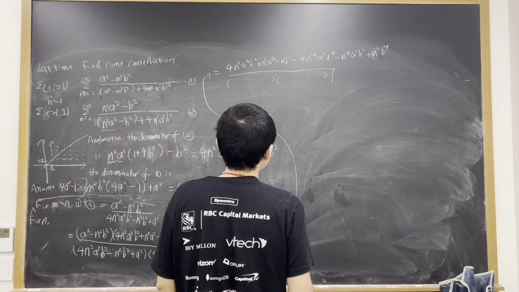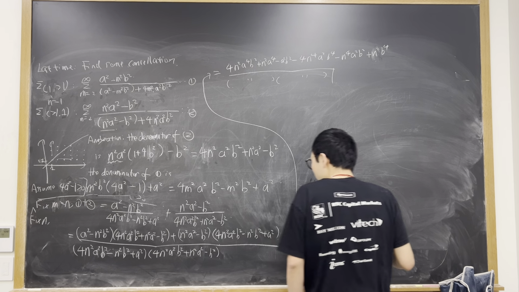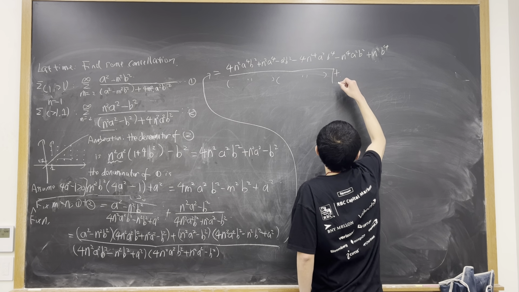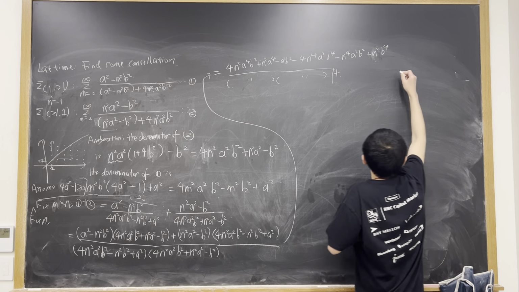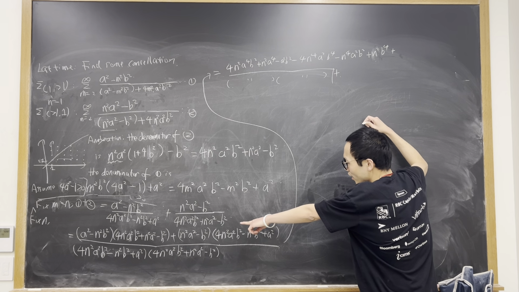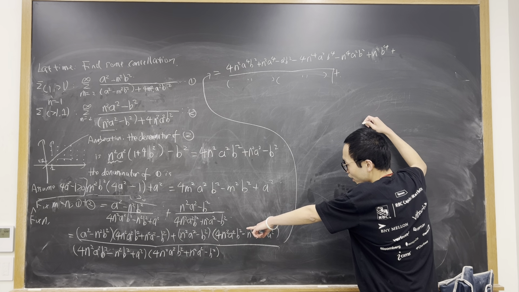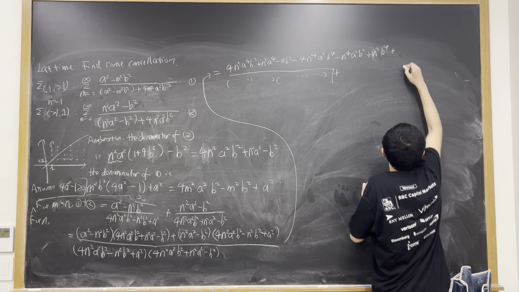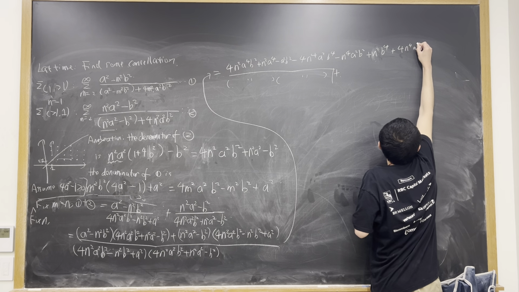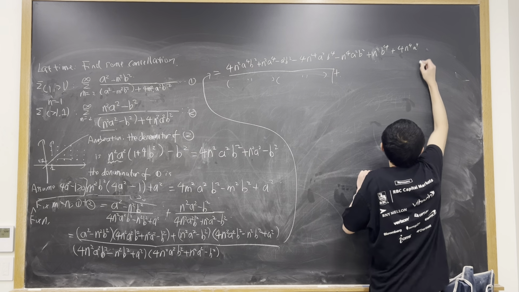So n squared a squared for n to the fourth power a to the fourth power times b squared.